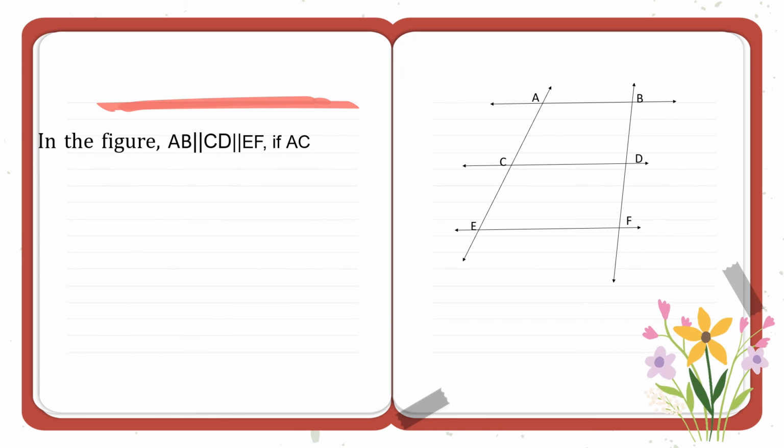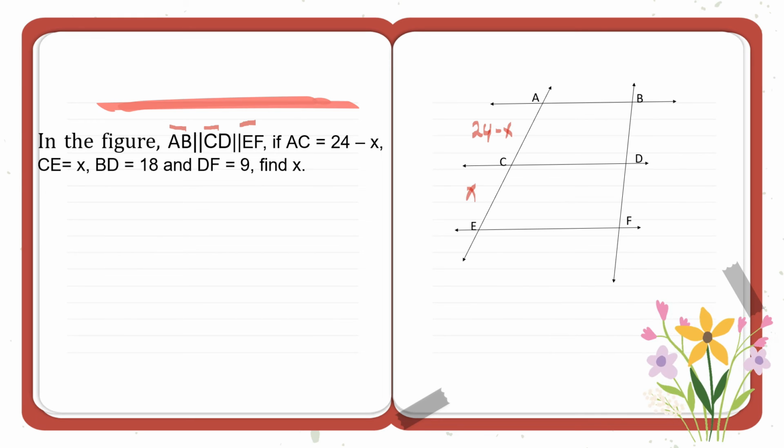Again, we use the same figure. AB is parallel to CD and parallel to EF. If AC is 24 minus X, CE is X, BD is 18, DF is 9, find X. Can we use a different proportion aside from AC over CE equals BD over DF?